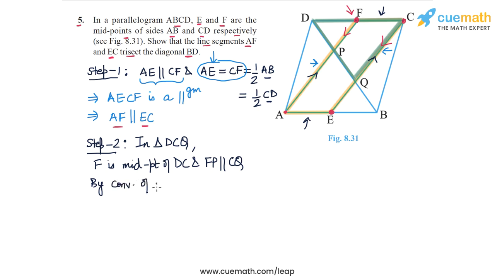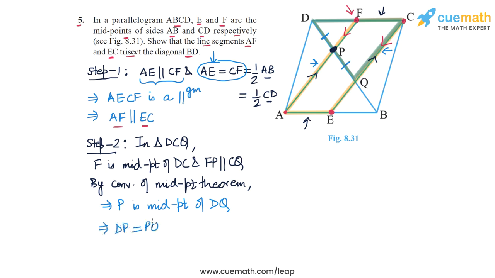So by the converse of the midpoint theorem, we can claim that the other point of intersection, this point P, is the midpoint of DQ. So we can claim that P is the midpoint of DQ, and if P is the midpoint of DQ, this means that DP and PQ, these two segments, are equal. So DP is equal to PQ.